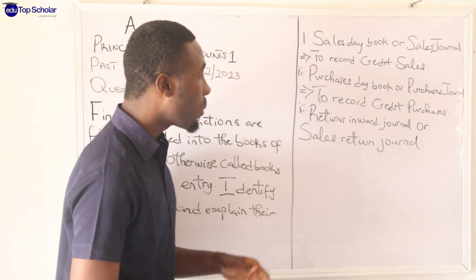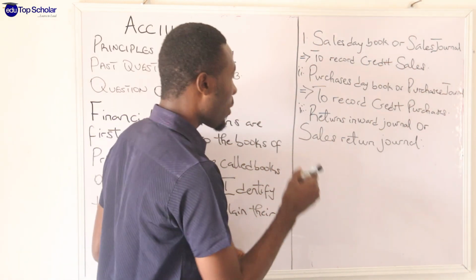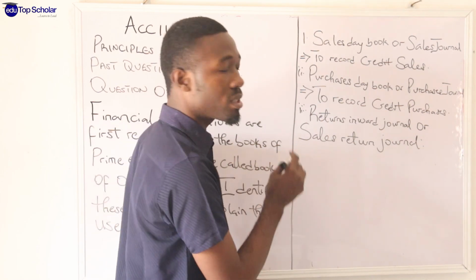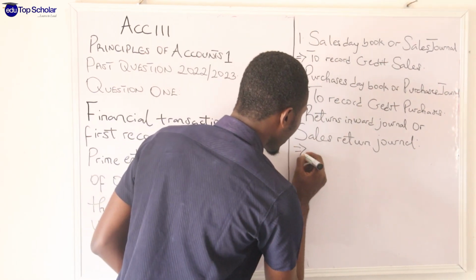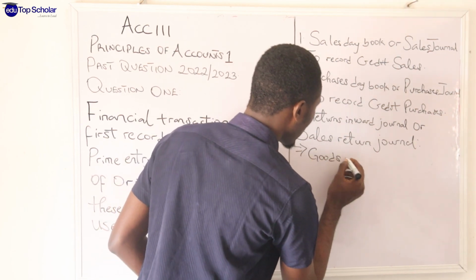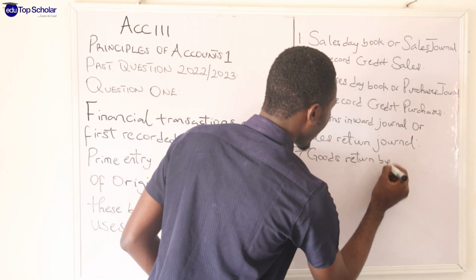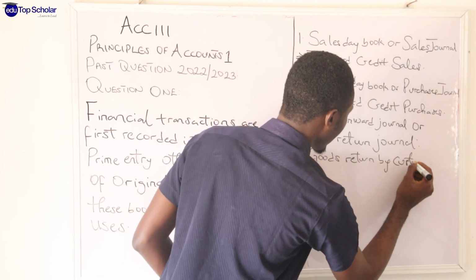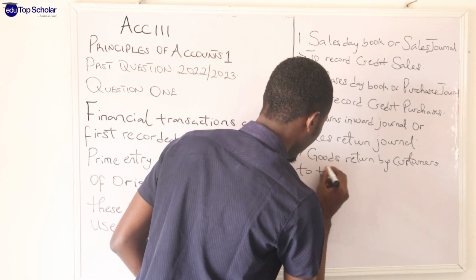So in exam purpose, when you are asked this kind of question, the returns inward journal or the sales return journal, the primary function of it is to record goods returned by customers to the business.